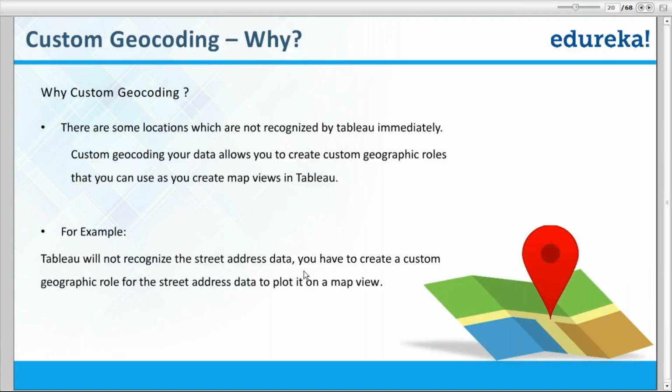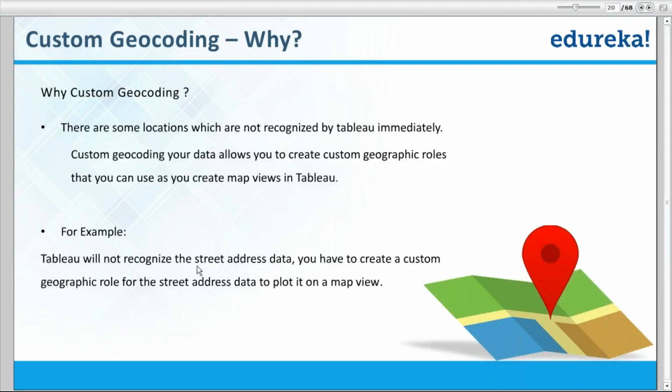For example, if you give your street address, say I'm in Bangalore and my street address is number 10 Shobha Apartments in Marasalli, Bangalore, and I give that location directly, it may or may not recognize that.